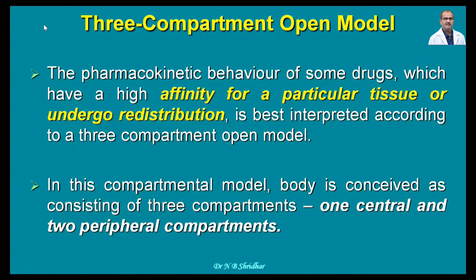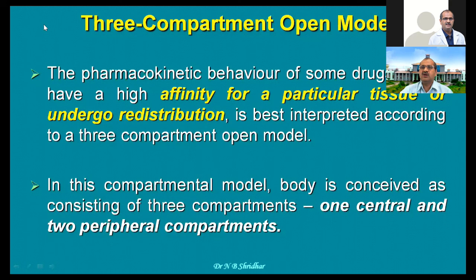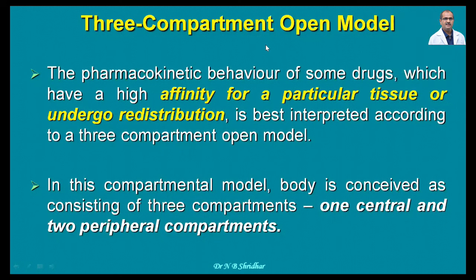Drugs which undergo no biotransformation will follow the one compartment open model, whereas drugs which undergo biotransformation will follow the two compartment open model, whereas there are drugs which have the redistribution property.